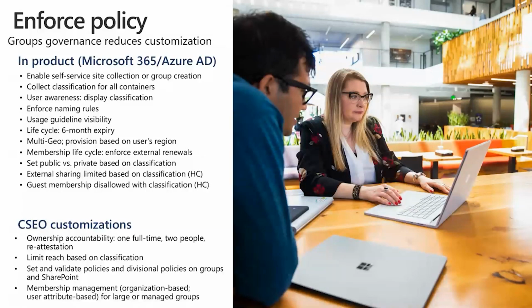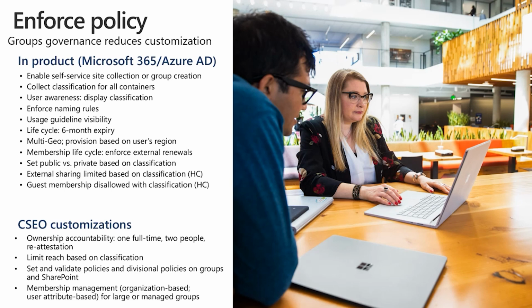So just in summary, a few key things I wanted to talk through and a couple other policies I'll mention. Here's a quick summary of the policies that I apply and where I use in product to do it versus not. And a ton of the things I do, I mentioned earlier in this conversation, are done in product. Like, for example, the expiration, the external membership management, whether a guest is allowed or not, whether a group must be public or private, all things based on label.